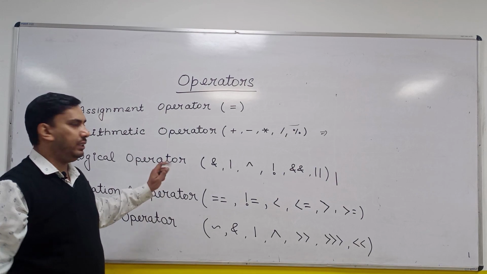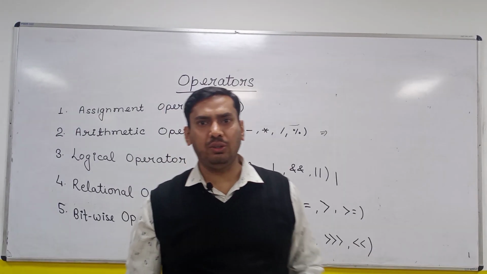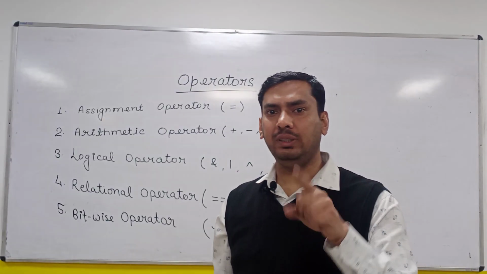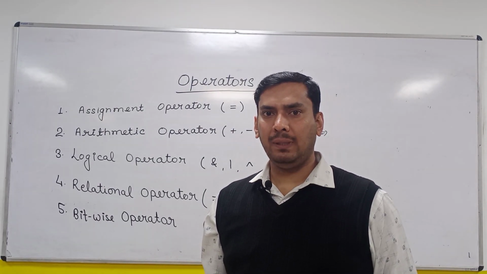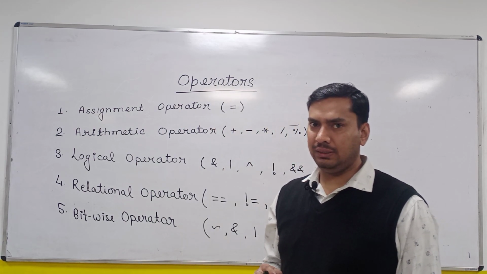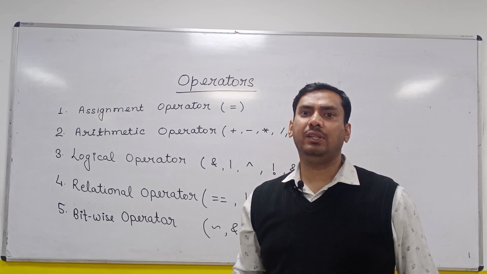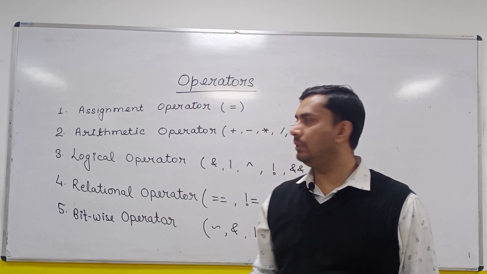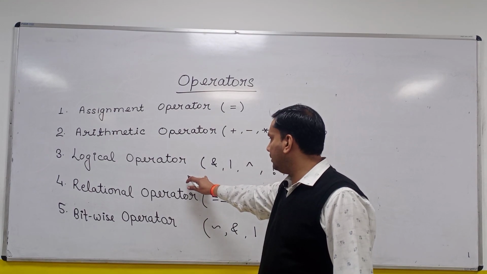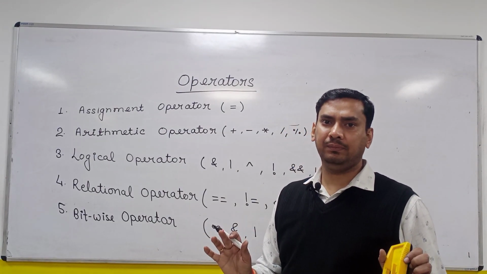Then coming to the logical operators. The first important point is that logical operators will always work with Boolean operands. Like arithmetic operators, which work with numeric types, logical operators require that both operands must be Boolean.